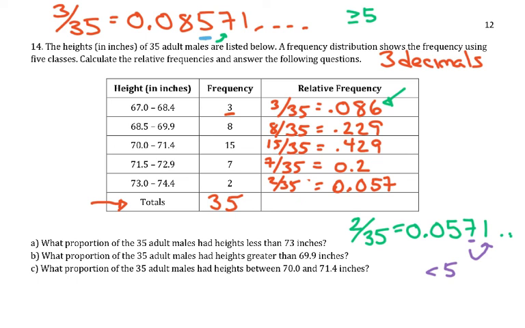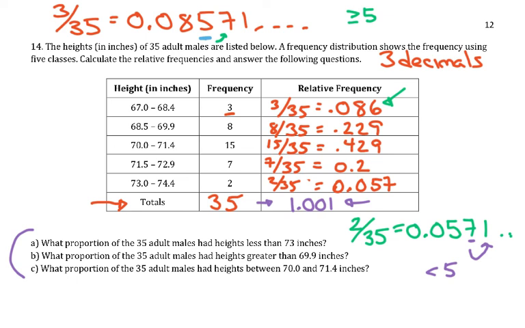Now, all that's left is we need the totals, and then we're going to answer these questions. So let's add these up and see what you get. Ideally, it should be 1, but remember, we rounded, so we have a little bit of a rounding error. If you're slightly above 1 or slightly below 1, that is not a problem.